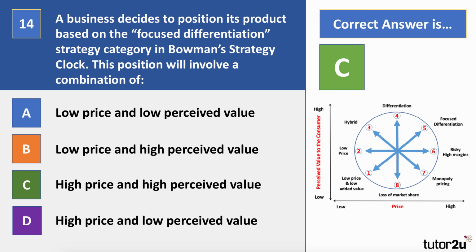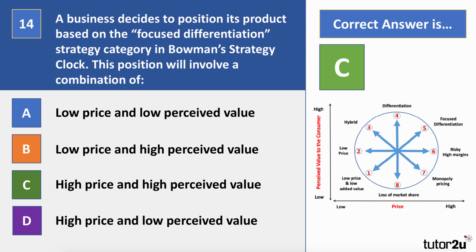Of course, there's a danger of charging too high a price compared with the perceived value, position 6, and somebody might be able to undercut you. But position 5, focused differentiation, aims to be a combination of high price and high perceived value. So answer C. And we're almost there.